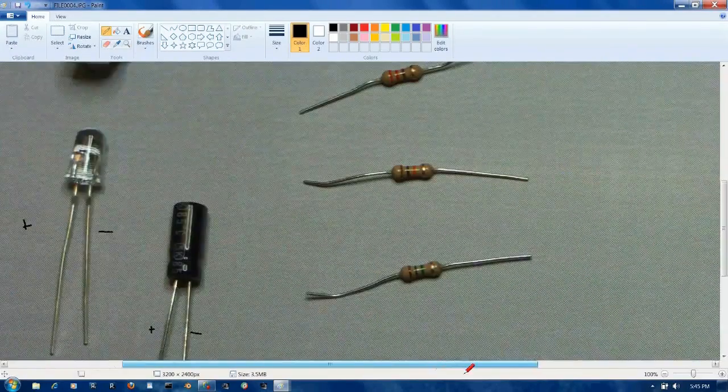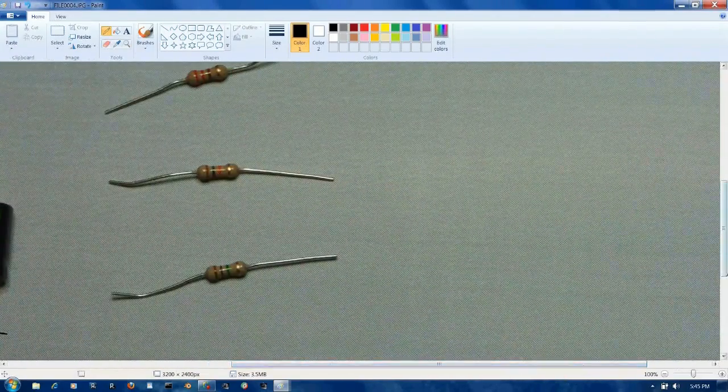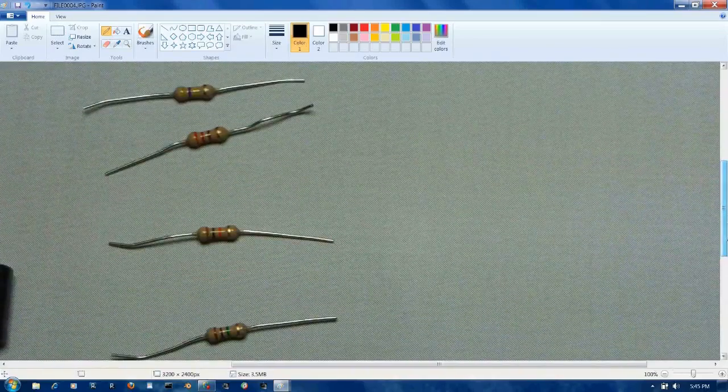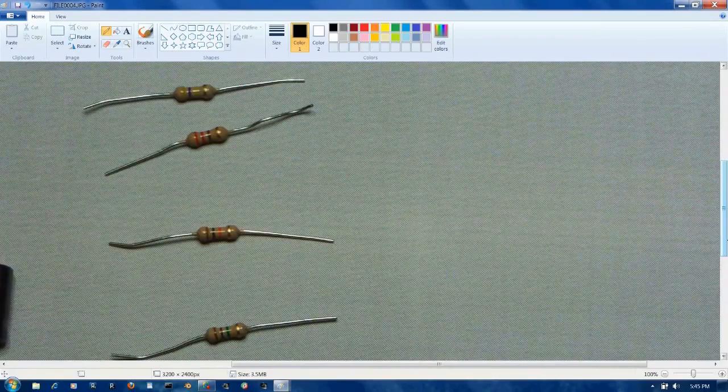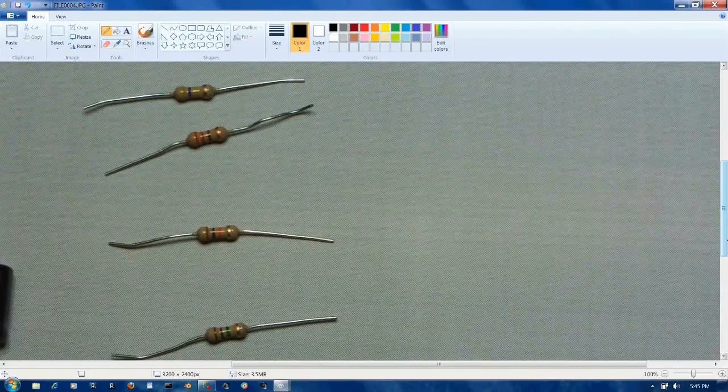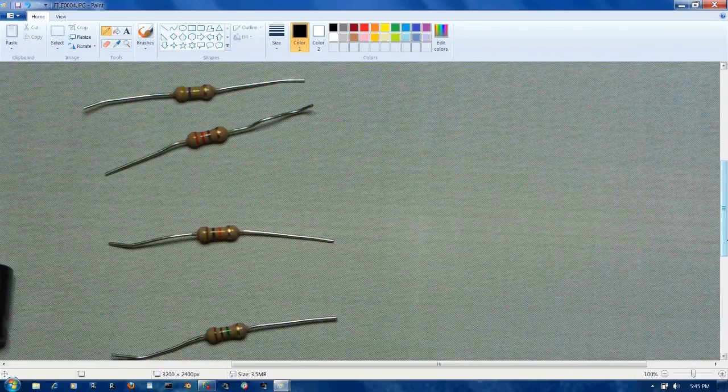But right now we're going to talk about resistance, and we're going to talk about Ohm's law. Now, at the beginning I told you this is a practical course in electronics, and we're not going to delve into a lot of theory, and we're not going to do a lot of math. We're only going to do the math necessary for us to actually build things. One thing we do need to learn is Ohm's law.